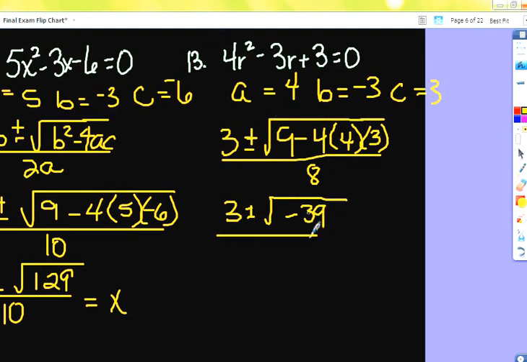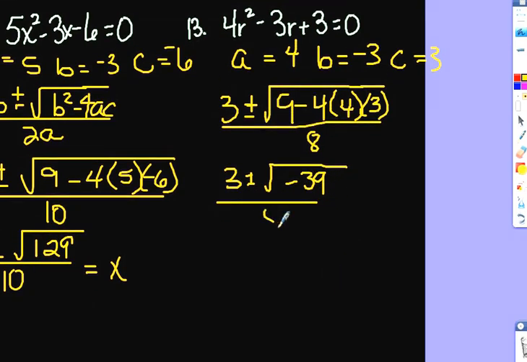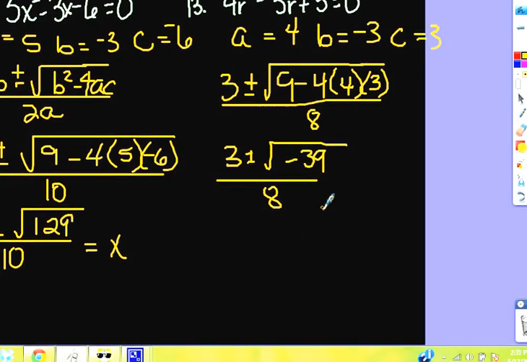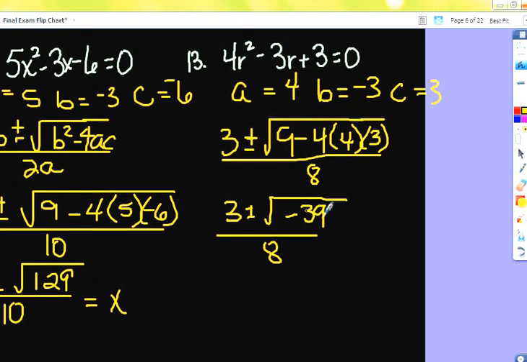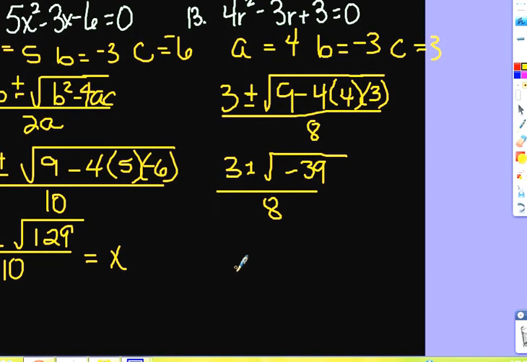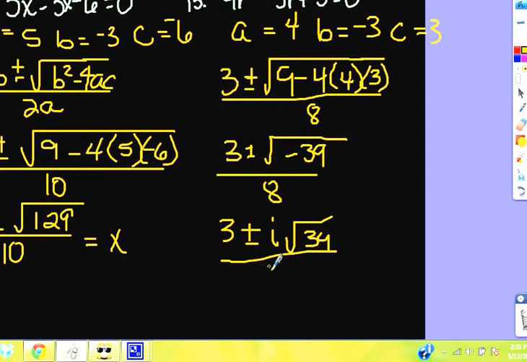And this is all over 8. All right, there's not a perfect square embedded in the negative 39, so I'm going to leave it plus and minus. I'm going to just make that an i. Square root of 39 over 8. Keep in mind, this is 2 answers. It's 3 plus i square root of 39 and 3 minus i square root of 39 over 8.